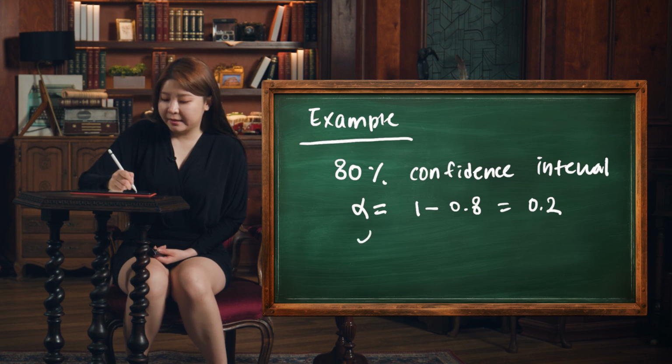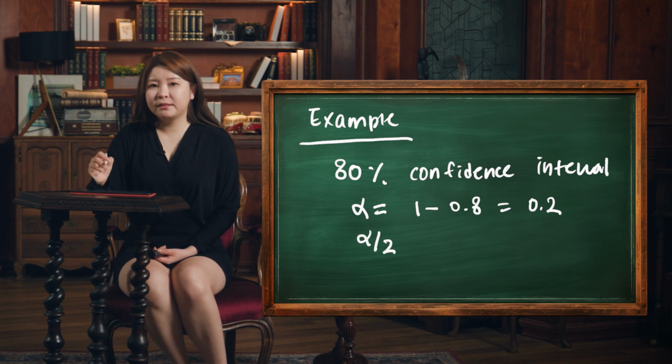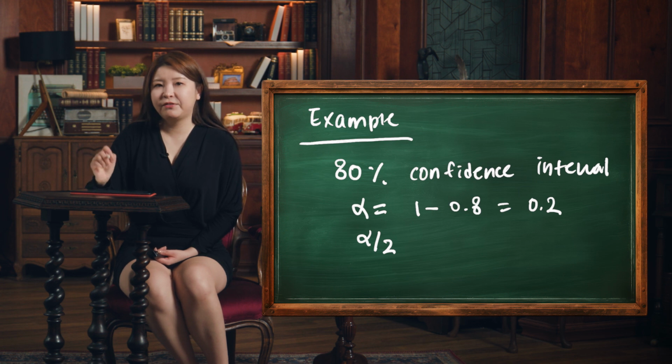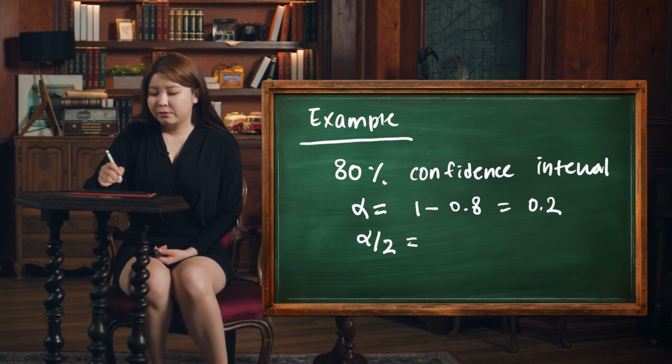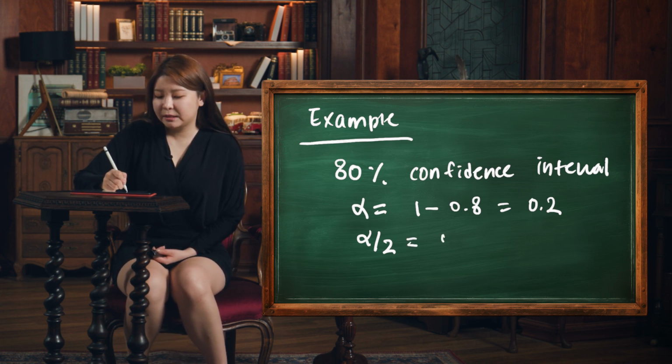And we want to find the z-score that corresponds to alpha divided by 2. Here alpha divided by 2 is 0.2 divided by 2, which is 0.1.